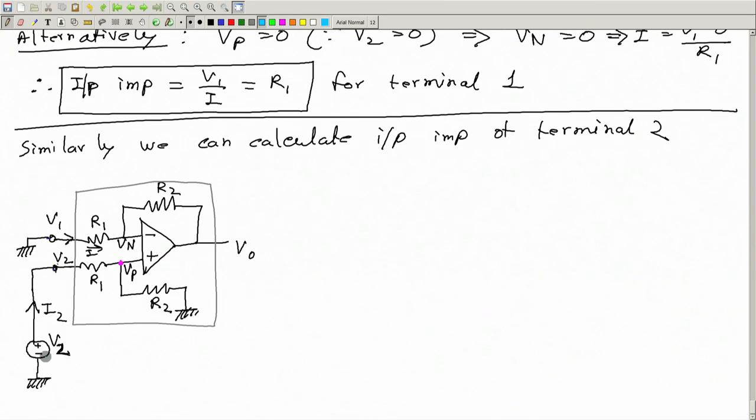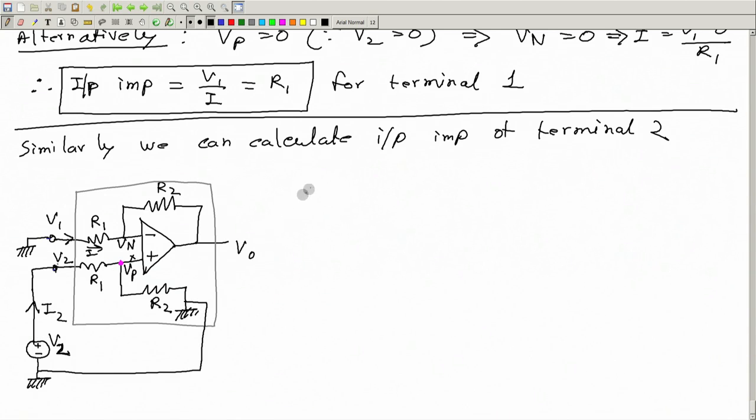So I have to find the value of this current I2. You just observe that the current will flow like this. No current can flow here. This is at 0 potential, this is at 0 potential, and the current only flows like this. You can also connect this, and no current flows here. These two are at the same potential, so you can connect it.